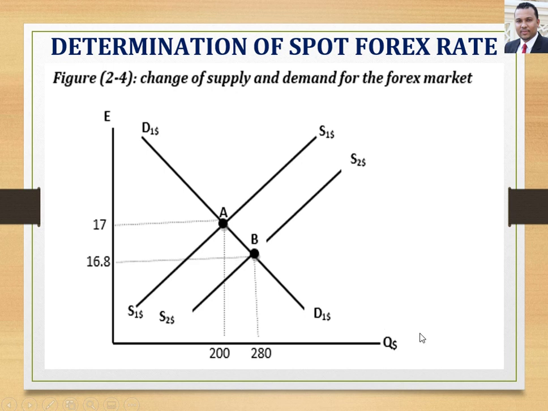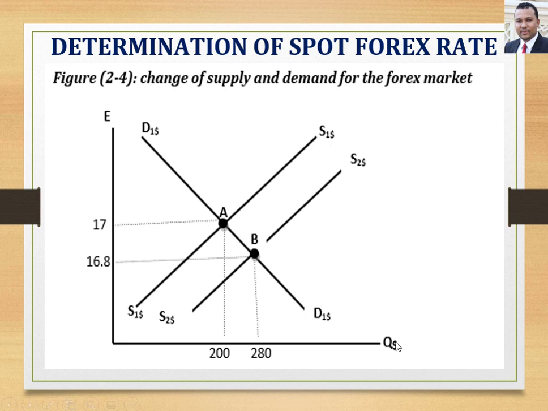Okay, how does the balance of payment affect the spot forex rate? In our example or figure on page 80 in our textbook, this is demand for dollar D1, S1 supply of dollar. We assume that this is a floating regime for the exchange rate or forex.